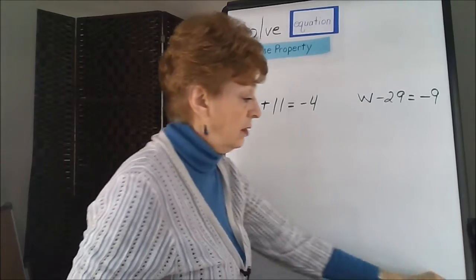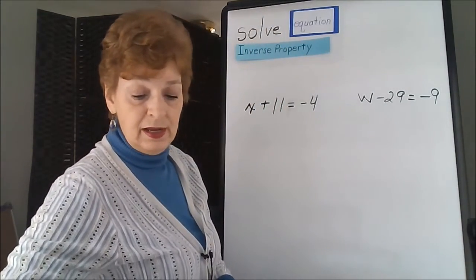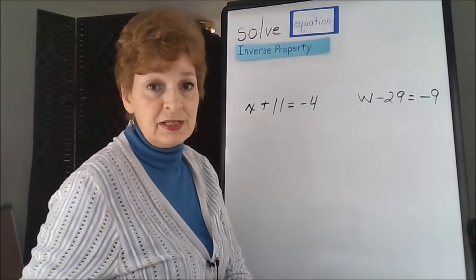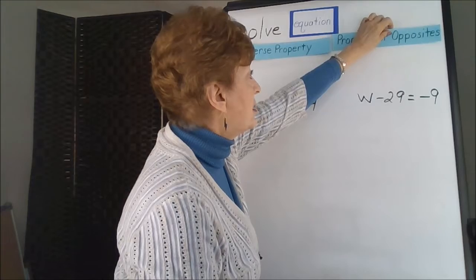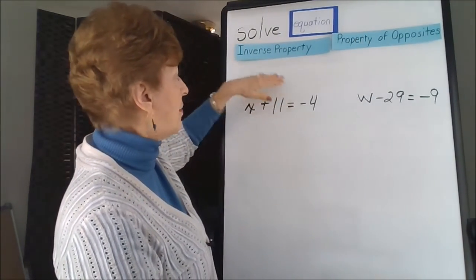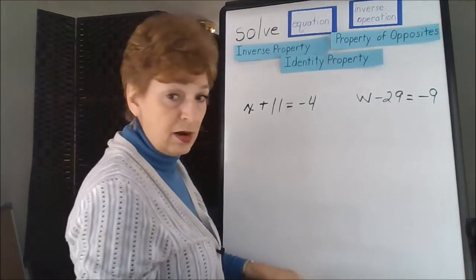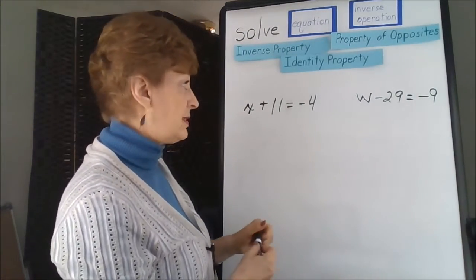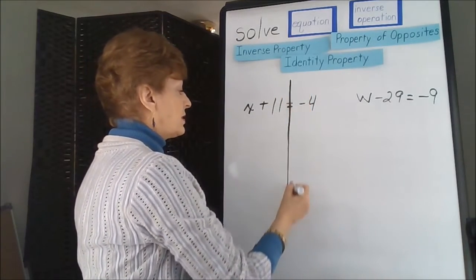Inverse property told us that the opposite of multiplication is division, the opposite of subtraction is addition. So sometimes it's referred to as the property of opposites, and sometimes it's called the inverse property. And we're going to look at our problem now with two sides of the equation happening here at the equal sign.